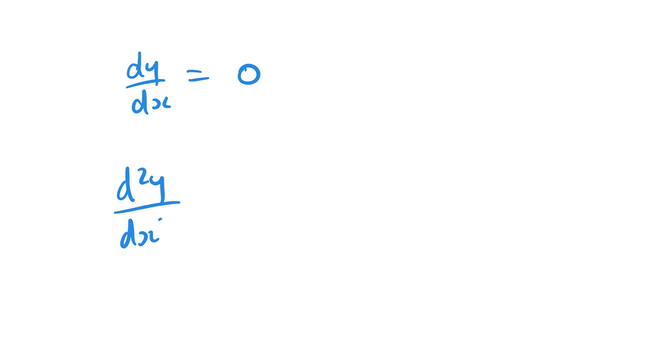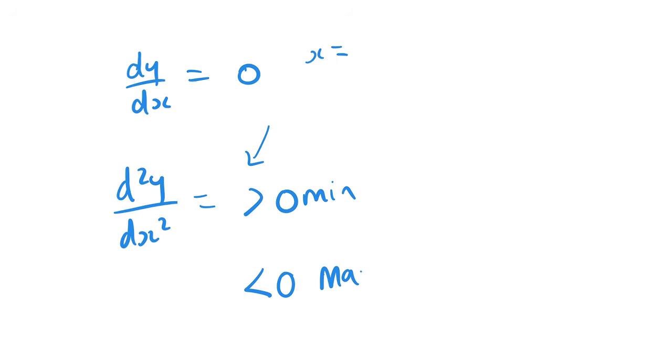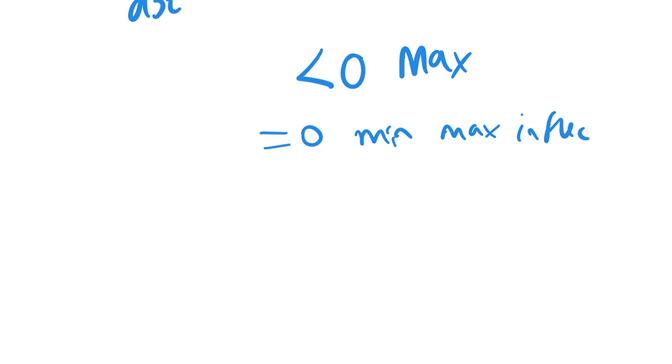When we differentiate again, and substitute in whatever we found for x, if this is greater than 0, we have a minimum. If it's less than 0, we have a maximum. And if it equals 0, it could be a minimum, a maximum, or a point of inflection. We don't know. So when it equals 0, draw the graph.